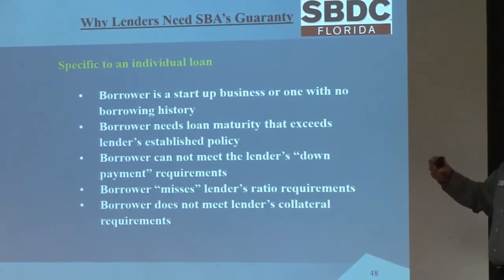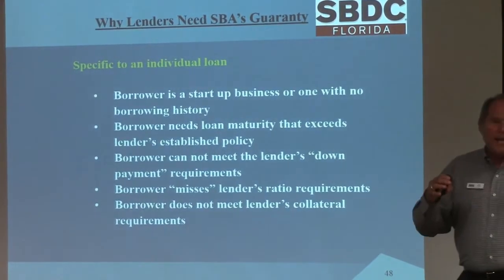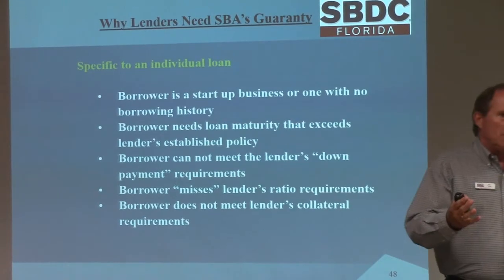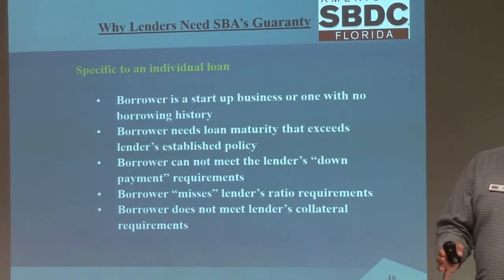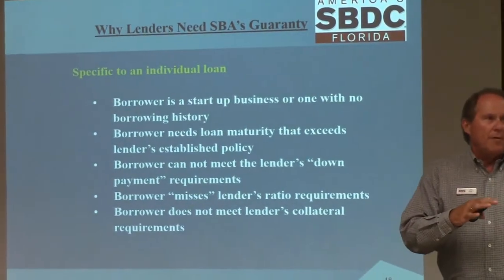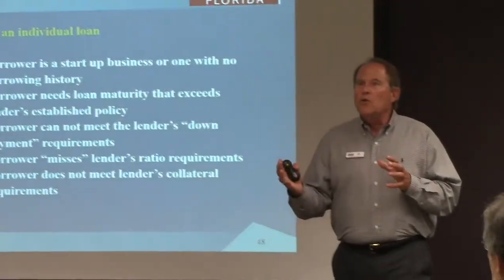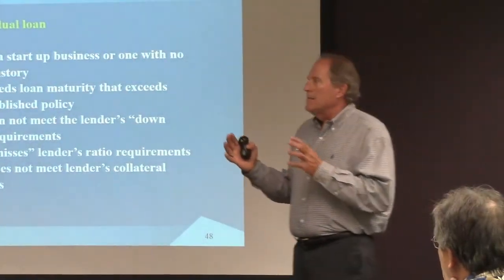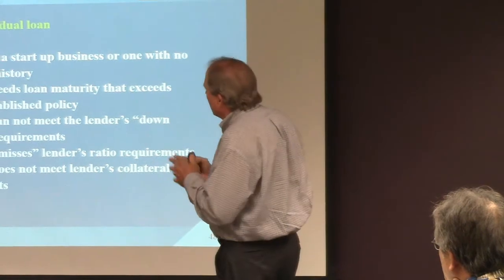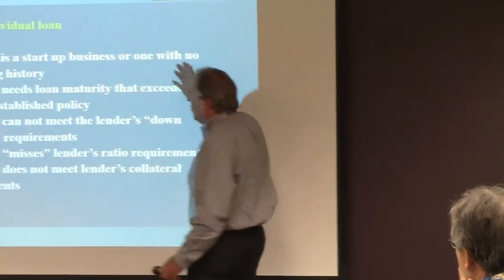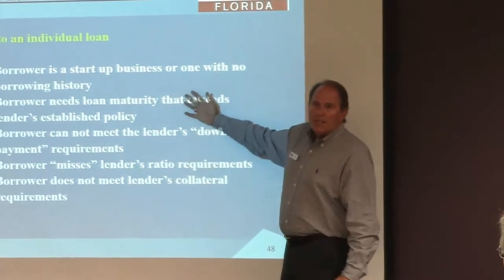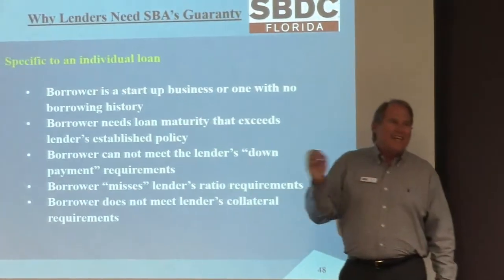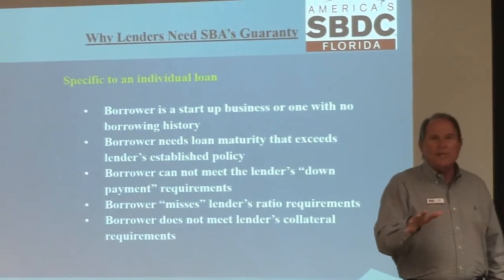SBA guarantees. There's SBA guarantees, working capital, buildings and equipment, combinations of working capital for certain select groups that they have special loans. So we can help you get this. What this is used for a lot of times is if they guarantee a loan, they don't loan money except in a disaster.